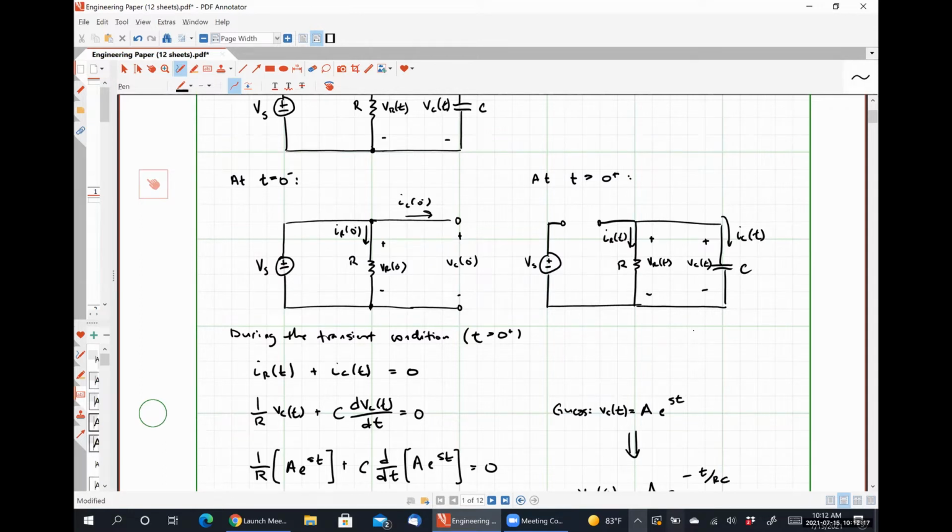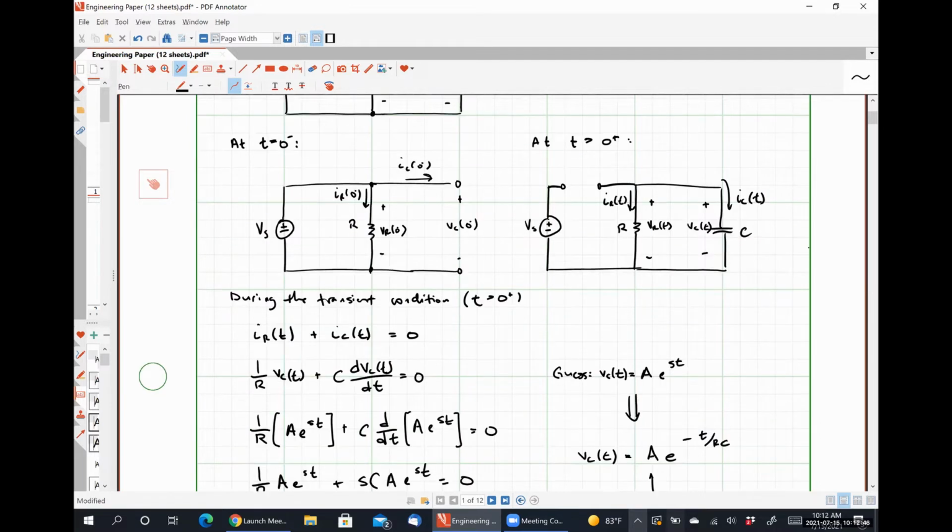Yes, sir. All right. Because the capacitor voltage cannot change abruptly, VC at 0 plus has to be the exact same as VC at 0 minus. If they are different values for the same instant in time, that means an infinite transfer of energy has occurred in an infinitely small amount of time, which would violate all the laws of physics.